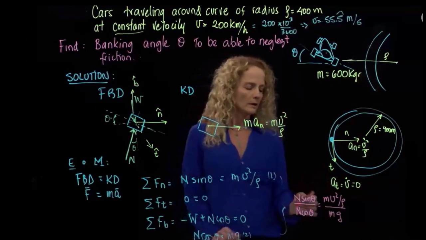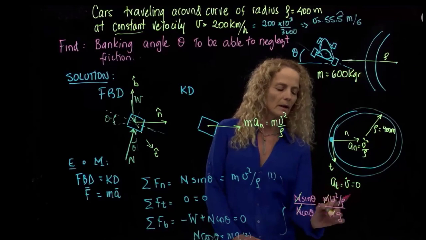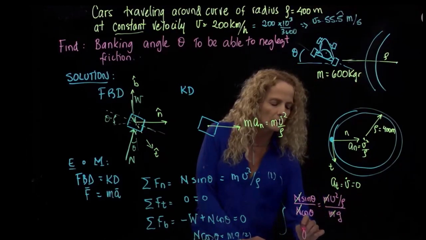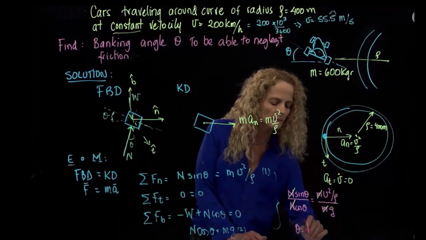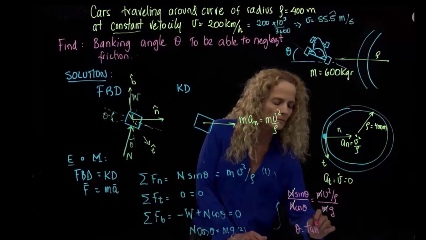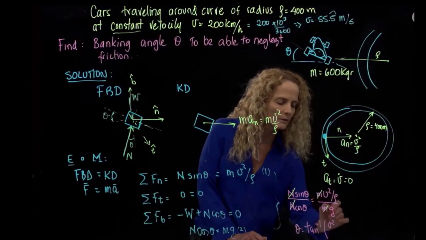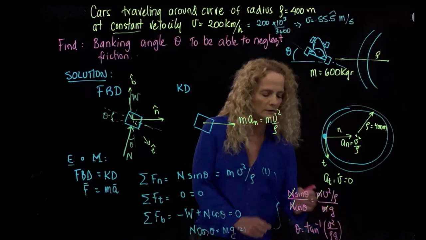As you see here, N cancels out and m cancels out. So finally theta will be the inverse tangent of velocity squared over rho times gravity. And that's the result.